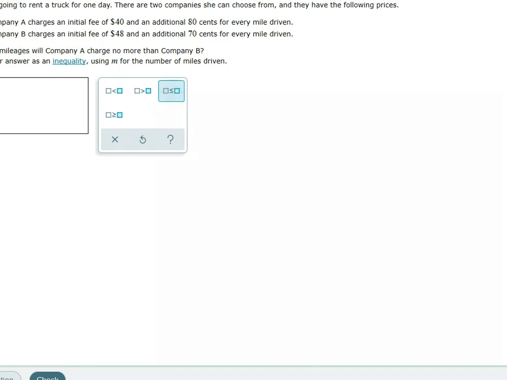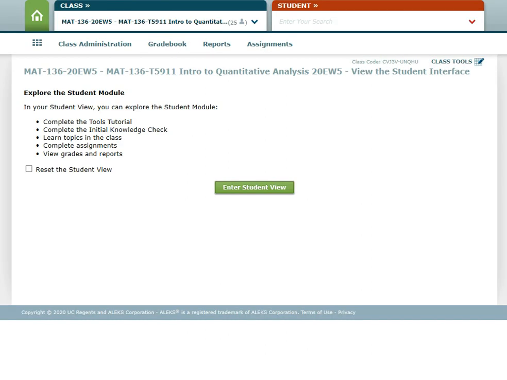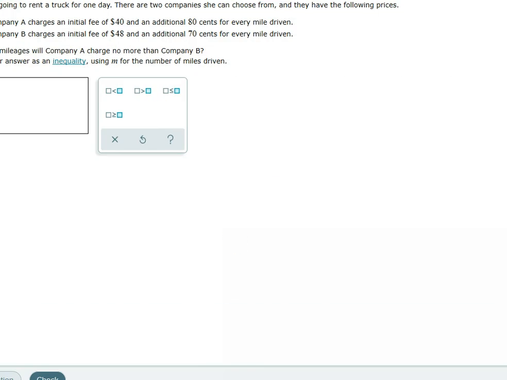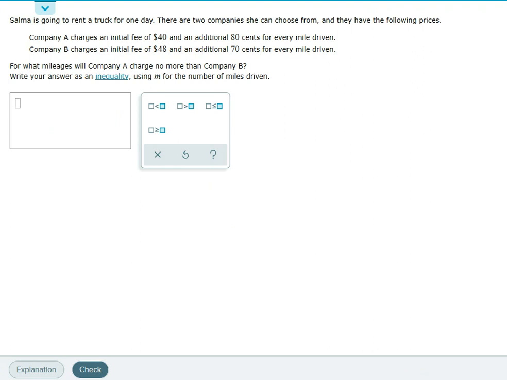I'm going to click on, well, I don't know if you can see this or not. Hang on. Okay, I got it positioned now. I'm going to click on that, and it shows up. And it does say use the letter M. So M is less than or equal to 80. And check.